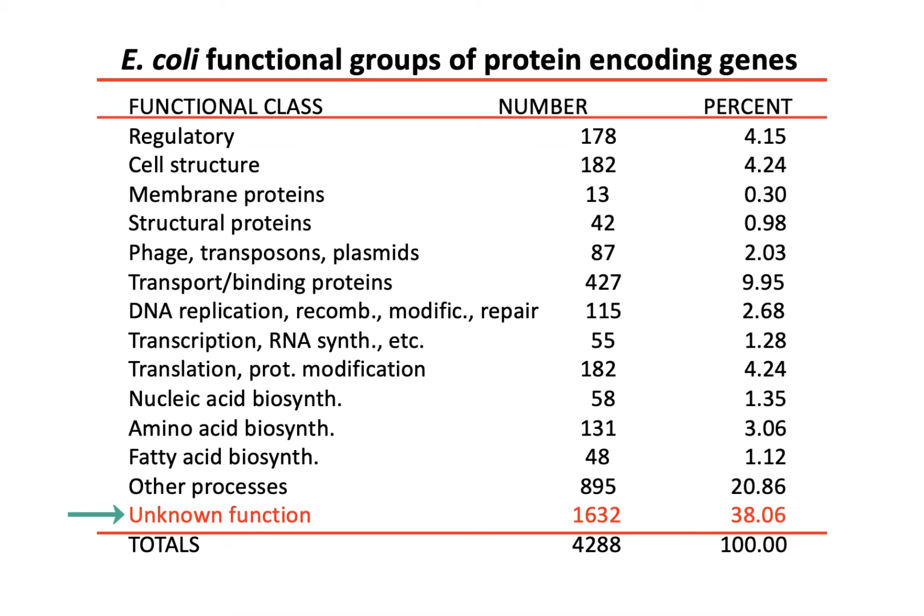And 38% of the genome has unknown functions, and that always surprised me, that a lot of genes, even in E. coli, when they were identified, no one has any idea what they're doing.